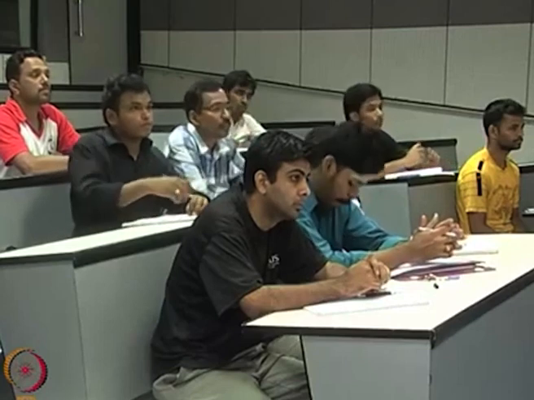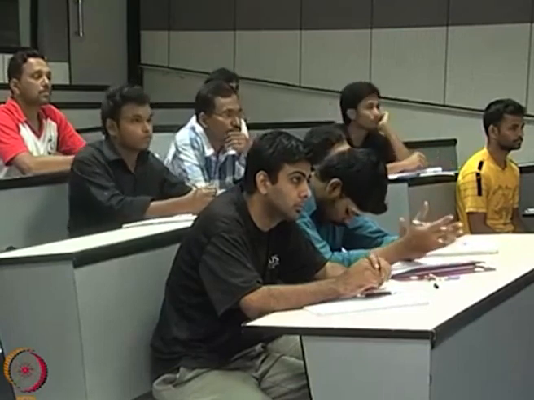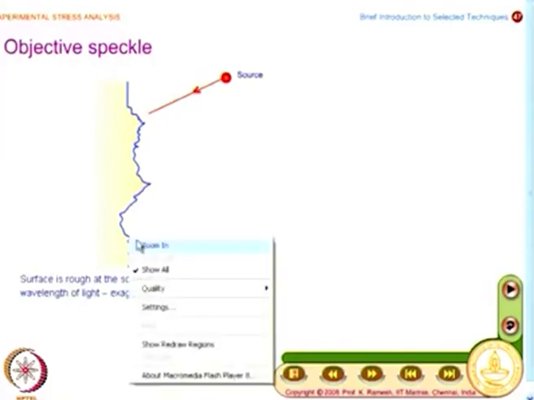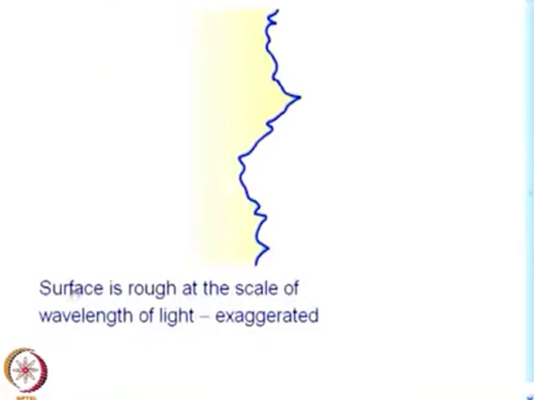And one of the important aspects in this category is the formation of objective speckle. And what I want to show here is that the surface is rough at the scale of the wavelength of light, exaggerated. So, make a sketch of the surface.